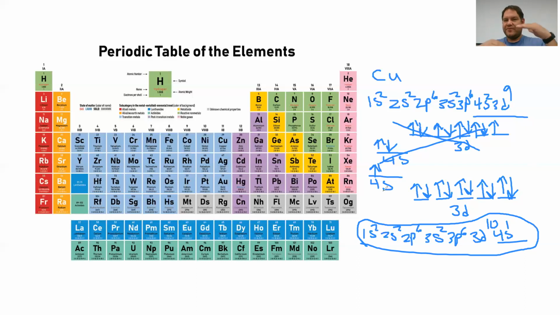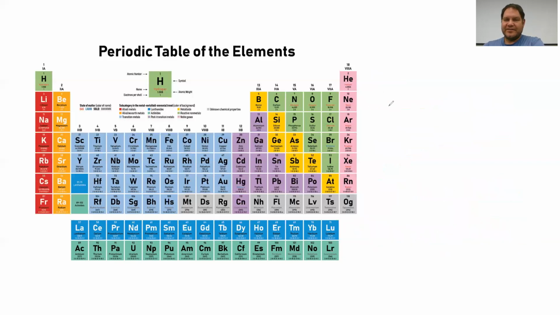And again, why the 4s is higher in energy than the 3D, we're not going to get into the details. Again, we're just creating an electron configuration structure that gives these electrons the lowest possible energy state in the atom, okay? So there are other exceptions in the periodic table, but these are the two that you need to know for the AP and IB exam, is chromium and copper, okay?